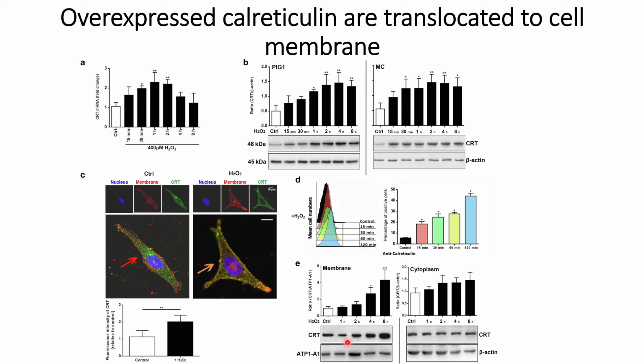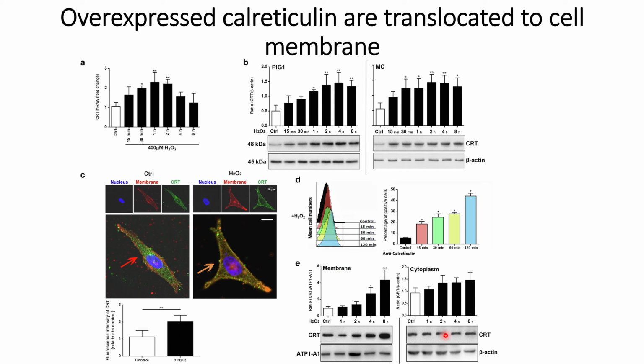And they can see that the loading control signals do not change significantly. However, the calreticulum in the membrane increases at different time intervals, indicating that calreticulum overexpression increases with time on the membrane.